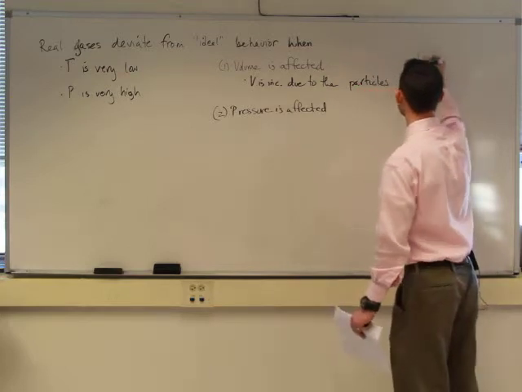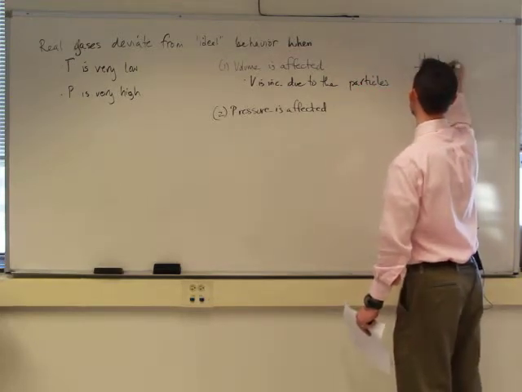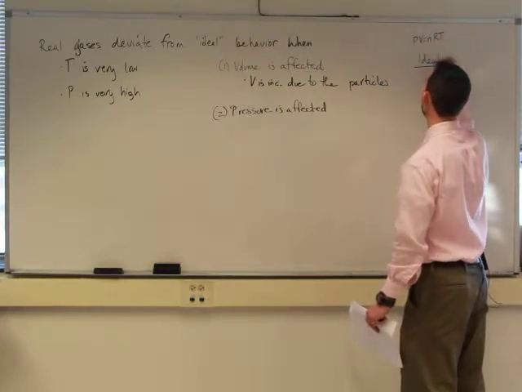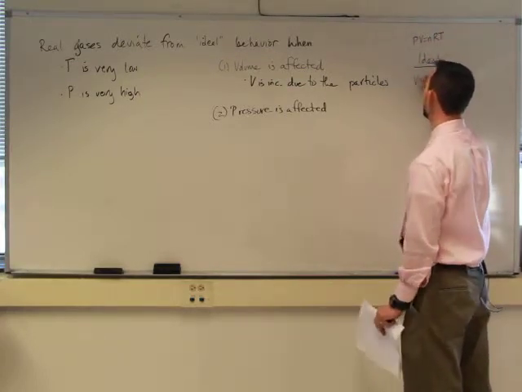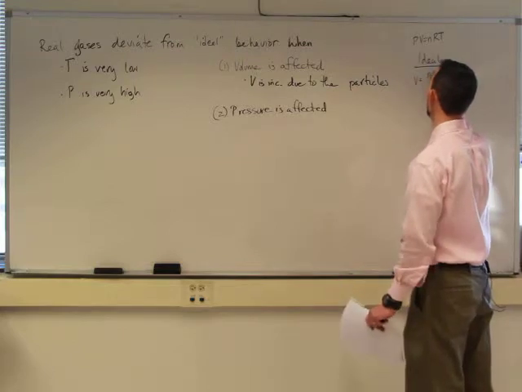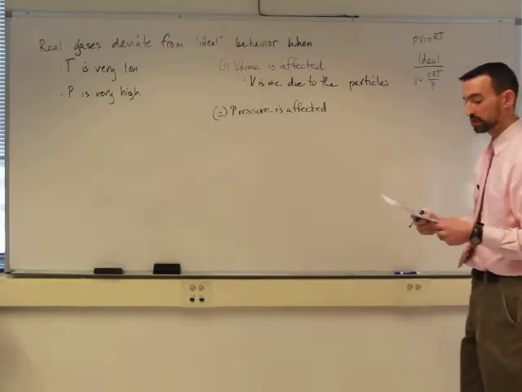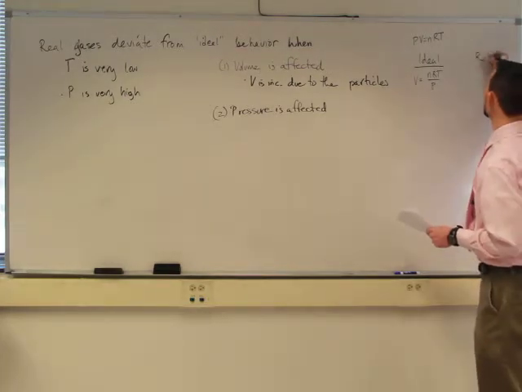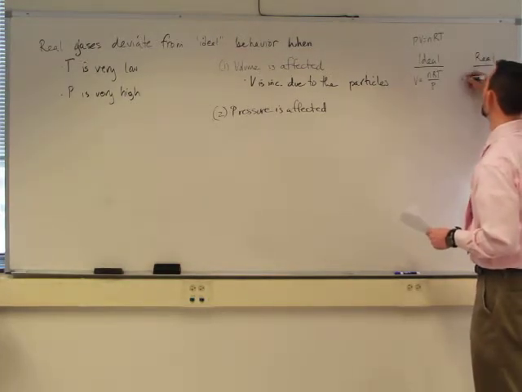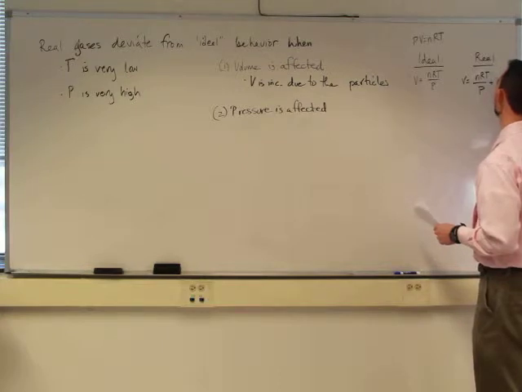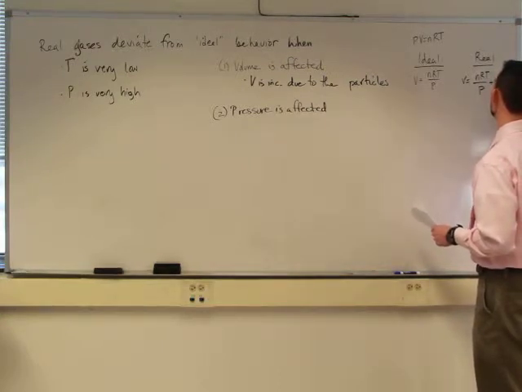In ideal gas behavior, going from PV equals nRT, the ideal volume of a gas would be nRT divided by P, the pressure. But the real volume will be nRT divided by P plus n moles times b. So b is a corrective factor.